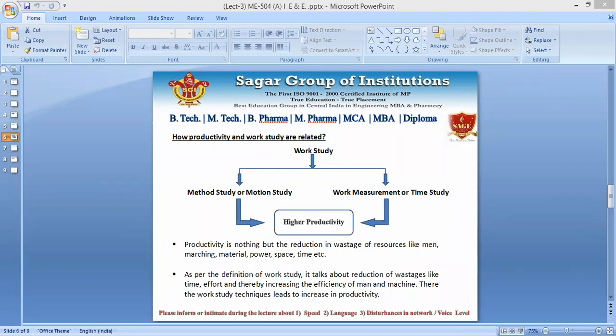Say a farmer has 1 acre of land, and he produces, for example, 100 kgs of wheat. If he needs to make it double, then he has to go for 2 acres.